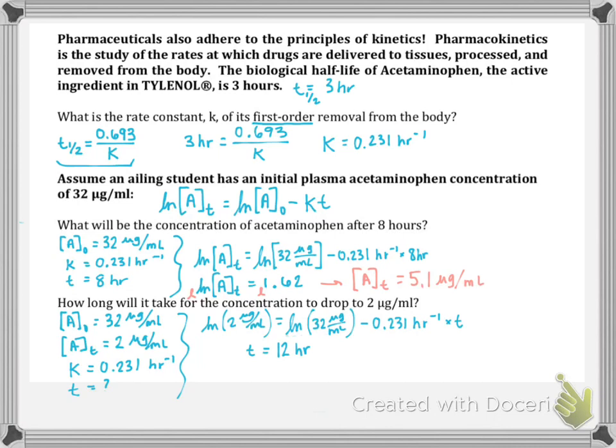Okay, and what's interesting about this is that 12 hours is the same as 4 half-lives, because our half-life was 3 hours. So we can kind of do a check. If we start with 32 micrograms per mil, to go to 16 is 1 half-life.